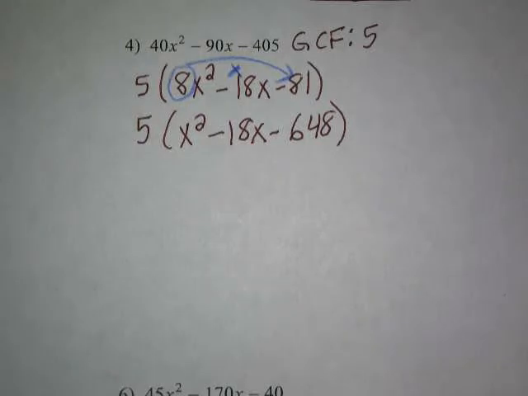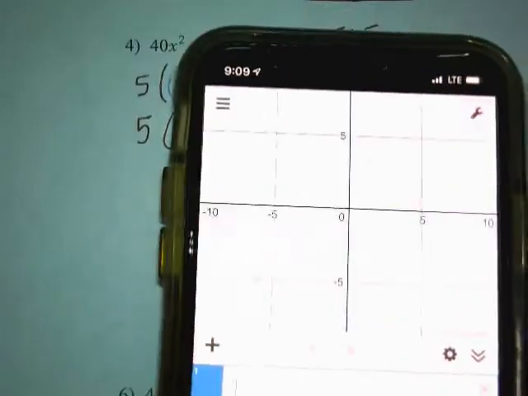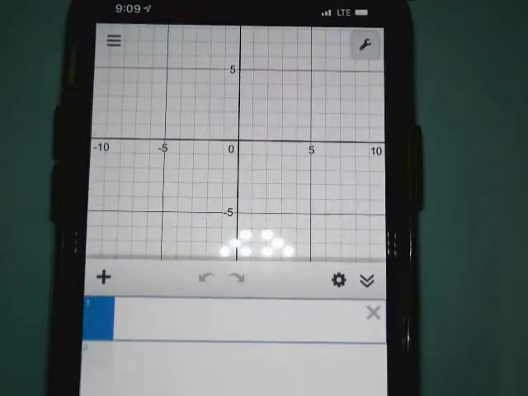Let me look up how to do this on Desmos, and I'm going to show you because there is a way. If you pull up Desmos, I have it on my phone right now because I can't do it on my screen and show my screen. It's actually a lot like what we did on the calculators.